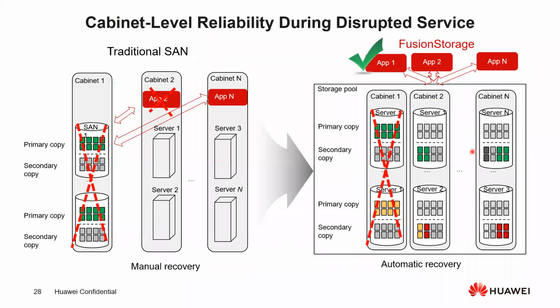If we have a large infrastructure like cabinet 1, cabinet 2, cabinet 3, we can design the data packets so that their redundant copy is not in the same cabinet. It can be across different cabinets, so that if one cabinet goes down, your reliability is maintained across the other nodes. This is the highest level of reliability that Fusion storage can achieve.